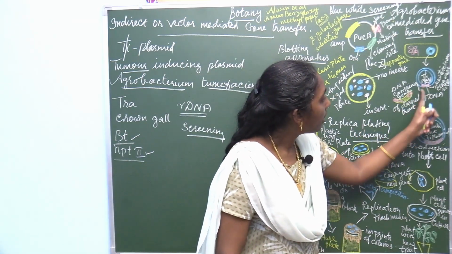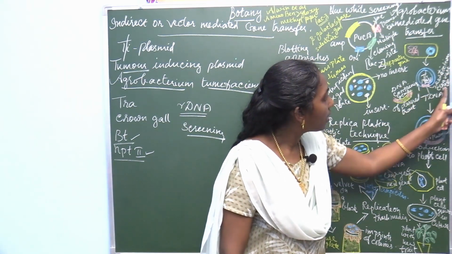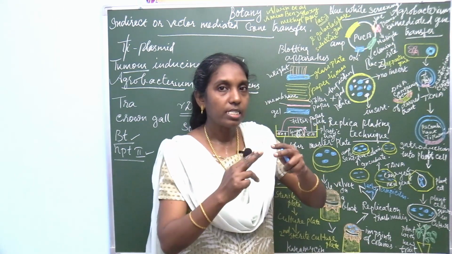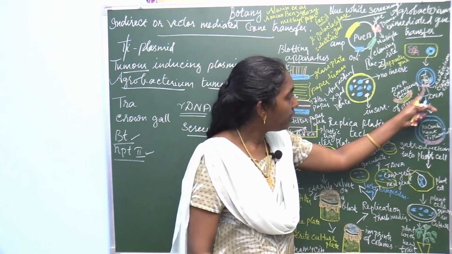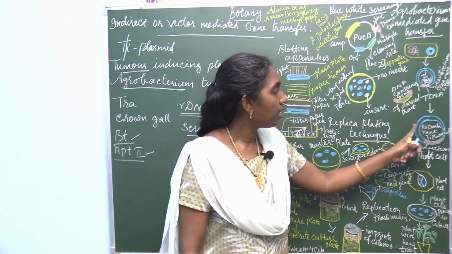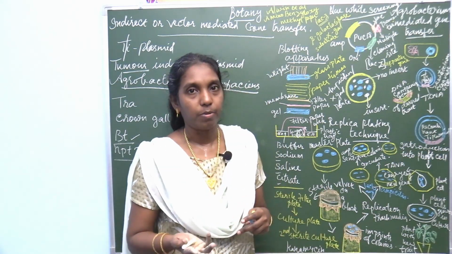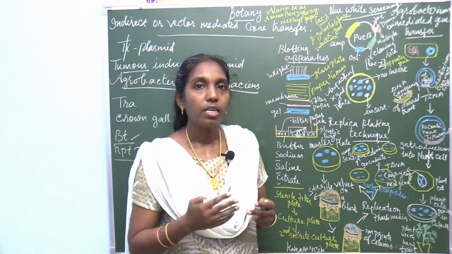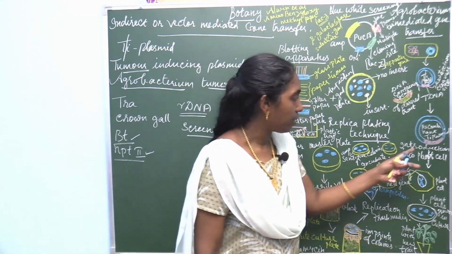This is the part of tDNA, and this restriction cleavage site cuts open the plasmid and inserts the desirable trait. As a result, it produces a recombinant Ti plasmid, the rTi plasmid.